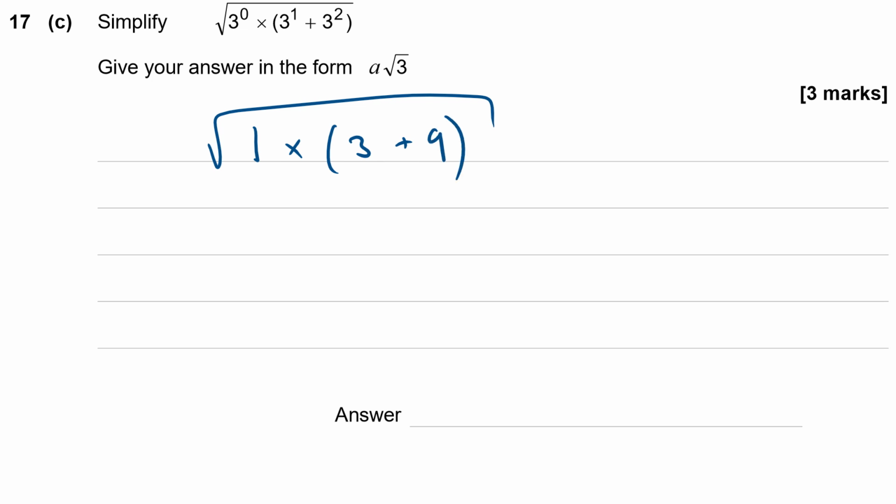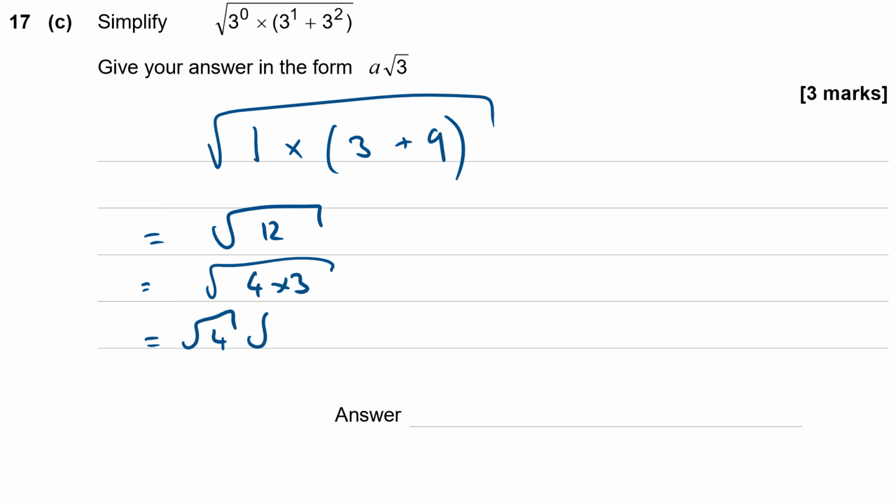So I've got 1 times 3 plus 9. 3 plus 9 is 12. 12 times 1 is 12. So that's equal to root 12. Now 12 is equal to 4 times 3. So I can break that up into root 4, root 3, and the root of 4 is 2. So that's 2 root 3. So there we go, 2 root 3.